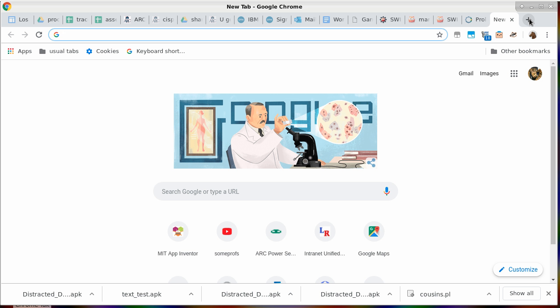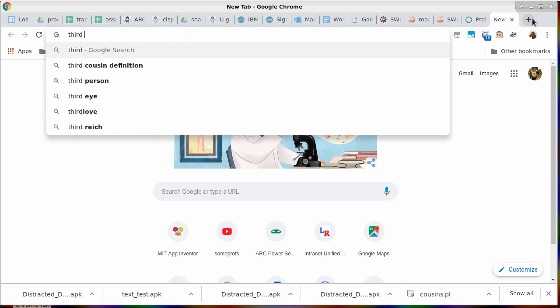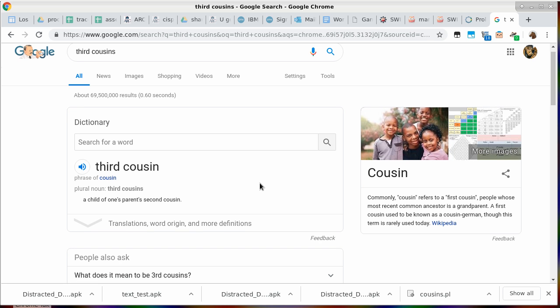Let me look up third cousin, for instance. If you look up third cousins, the definition is the child of one's parent's second cousin. Do you see how it's recursive? There you go. So you have to pick two individuals where their parents are second cousins. Is that okay?